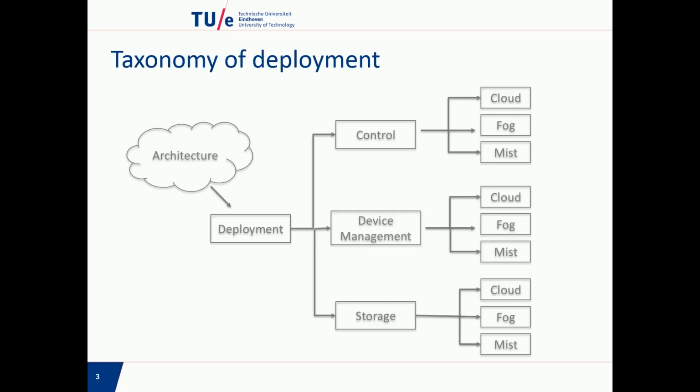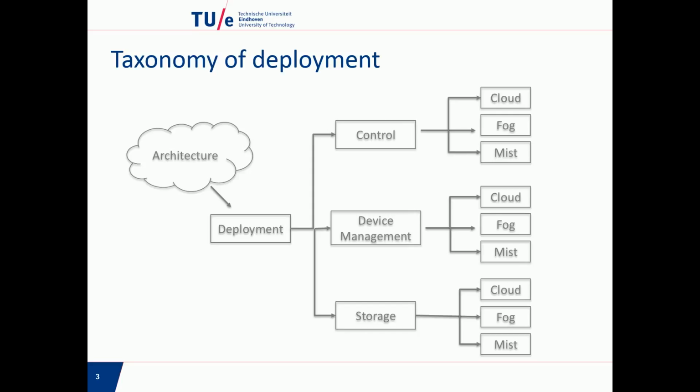Namely, they are cloud for function in cloud, fog for function in a fog device, and mist for function in end devices. The decision of where to place the control function affects the IoT system's extra-functional properties of latency, single point of failure, and the decision complexity.